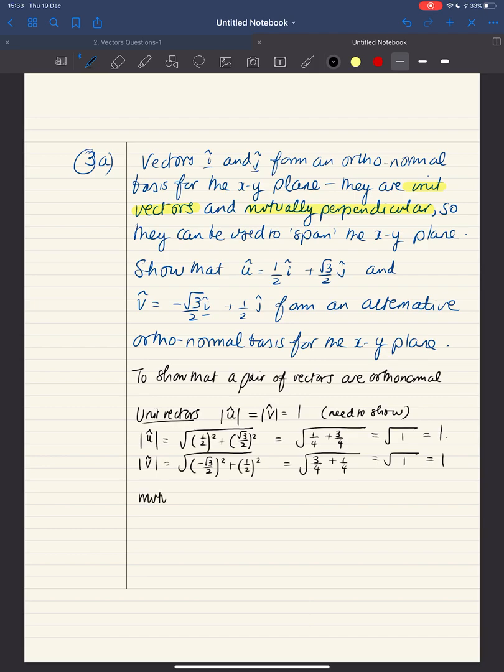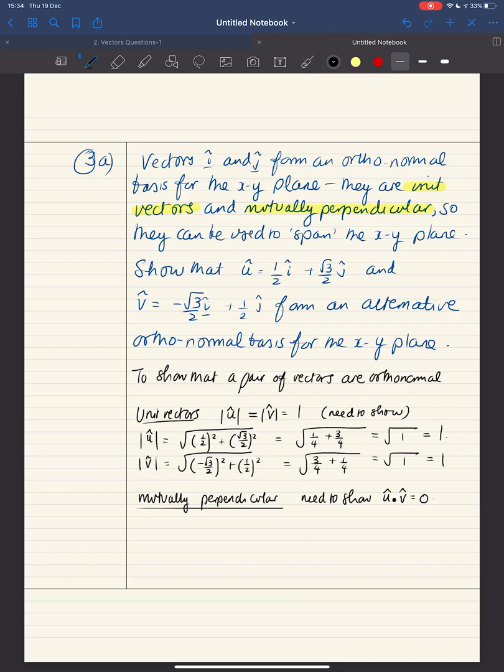For the mutually perpendicular criteria, we need to show that u dot v is 0, because if the dot product between two vectors is 0, then it means the angle between them is 90 degrees, and that means perpendicular.